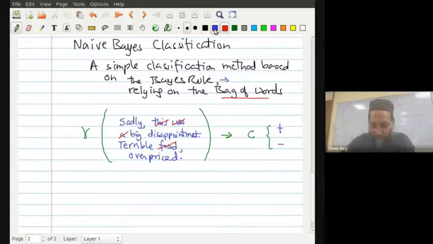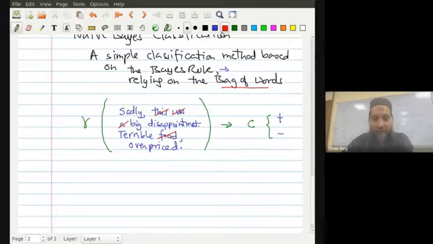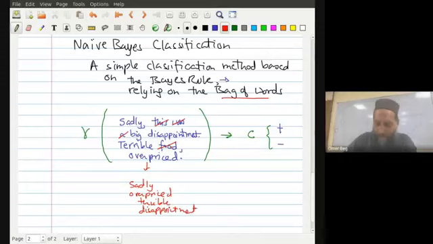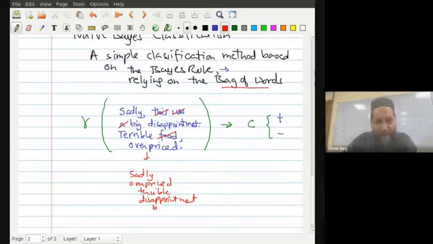So we are left with this bag of words. From this, we can get a bag that includes sadly, overpriced, terrible, disappointment, etc. Okay? So let me write all of them.